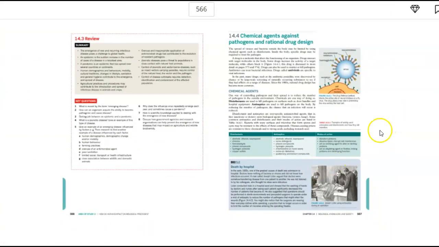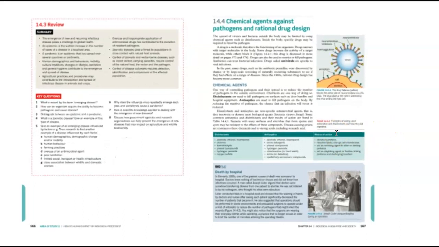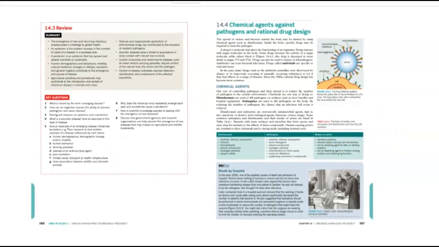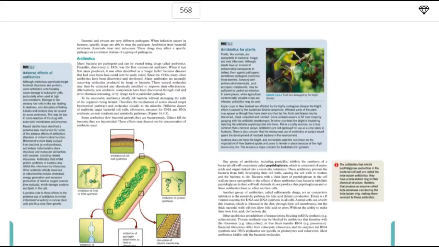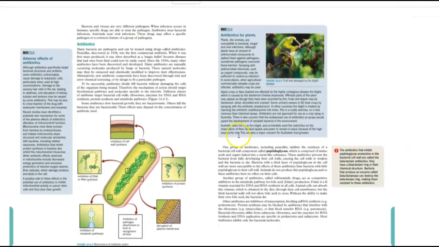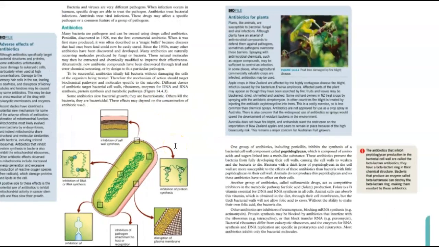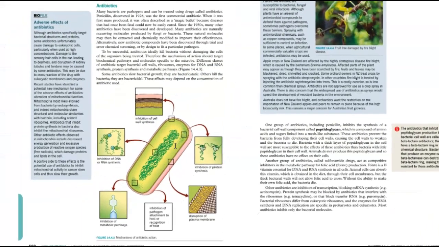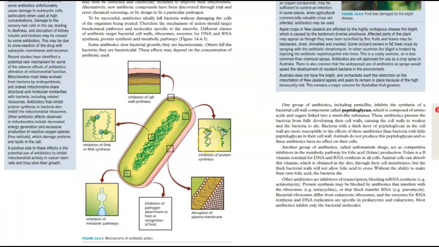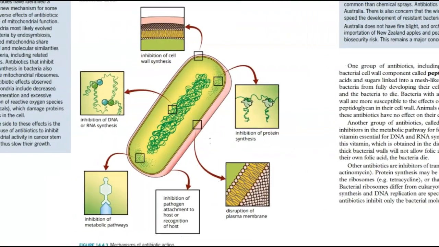So looking at our use of chemical agents against pathogens generally at the start of the chapter, it actually does those dot points back to front. So it's talking about antibiotics first, and a really nice reminder of antibiotics' function, summarized really well in that diagram there.